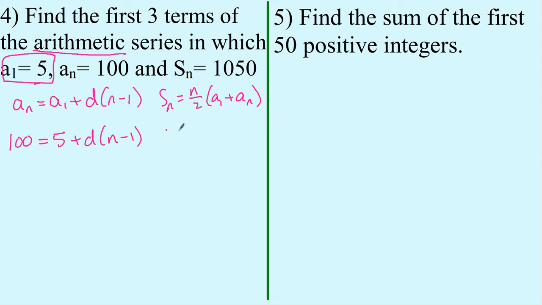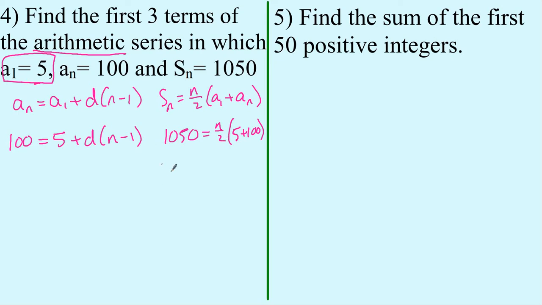S sub n would be 1050 equals n over 2, and we've got the first term and the last term, 5 plus 100. Well, I can't finish the one on the left because I've got 2 variables left. But the one on the right, this one I can do.